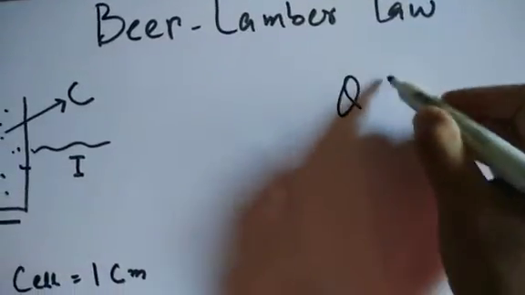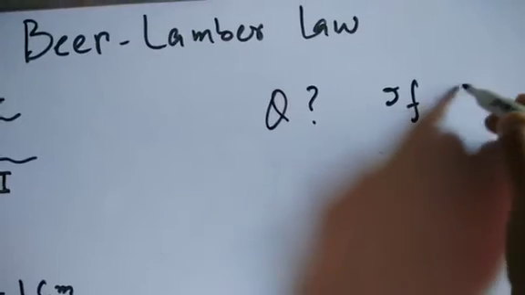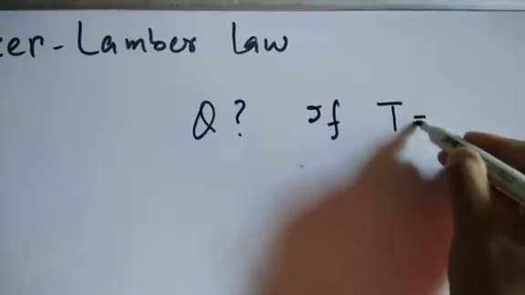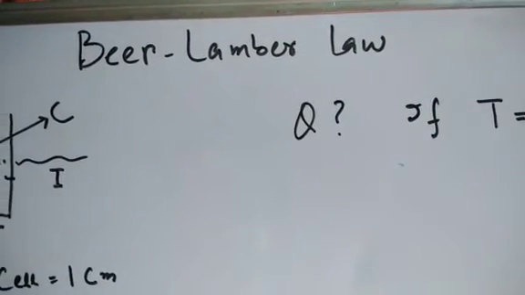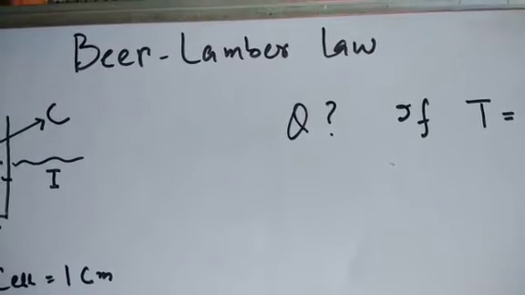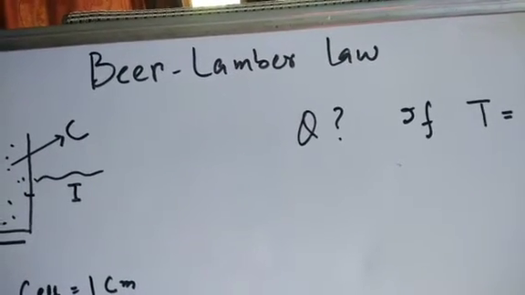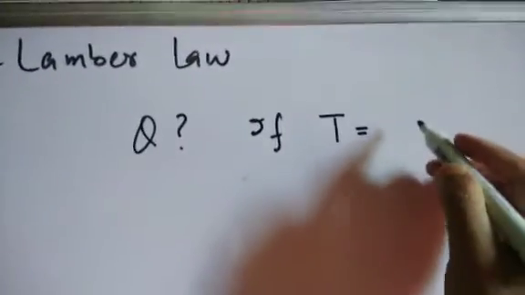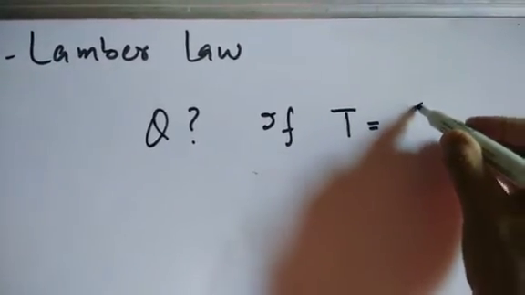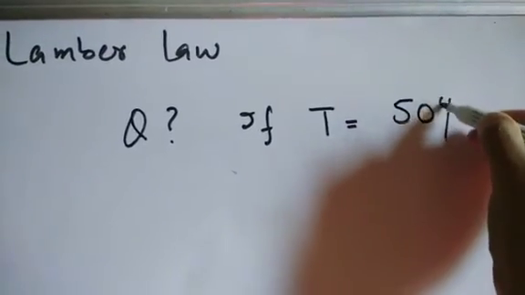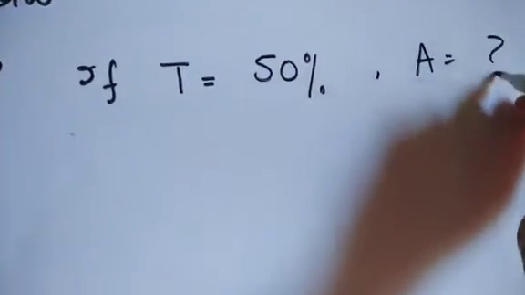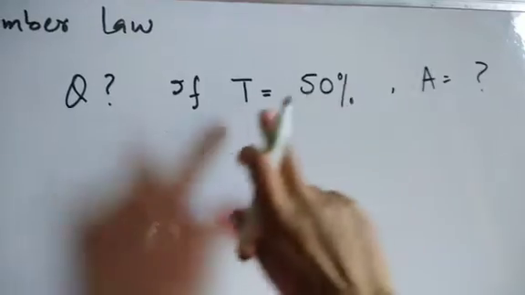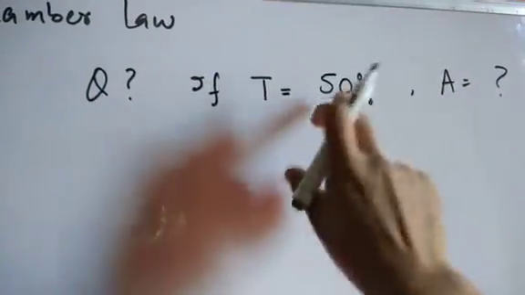अब if you have a question, और हमारे पास कोई question आया the Beer-Lambert Law, कि अगर transmittance of a solution is, let us say, 50%, so what we need to do is you have to calculate the absorbance. ठीक, यहाँ धोखा लगता है, अगर ये transmittance 50 है, चूंकि इसका reverse है, so it should be 50-50.